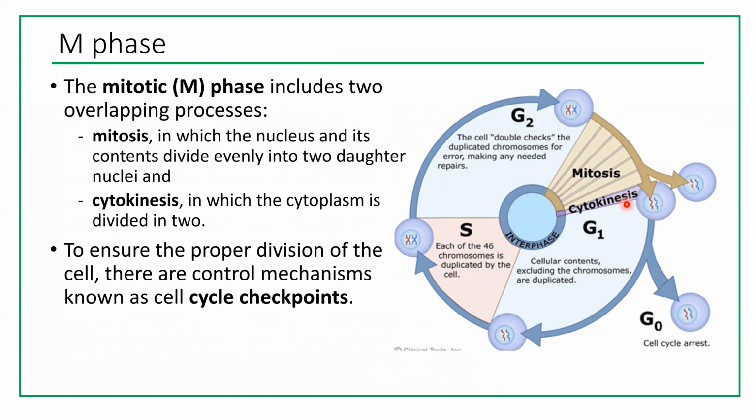Okay, so again, this is our interphase. Here's our G0 phase or cell cycle arrest. And here we will talk about M phase. The M phase or mitotic phase includes two overlapping processes: mitosis, in which the nucleus and its contents divide evenly into two daughter nuclei, and cytokinesis, in which the cytoplasm is divided into two.